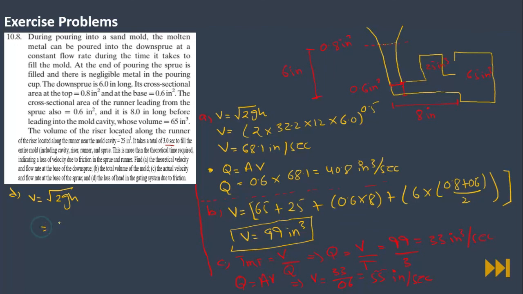So we'll have 2 into 32.2 converted into inch per second square into h. We are not taking the original head. We need to calculate the head for the time 3 seconds, and for that we will take the velocity, 55.